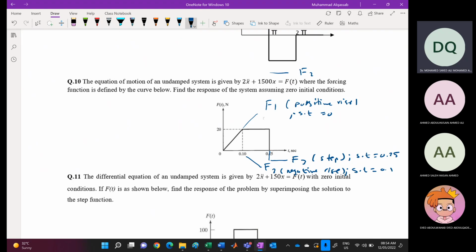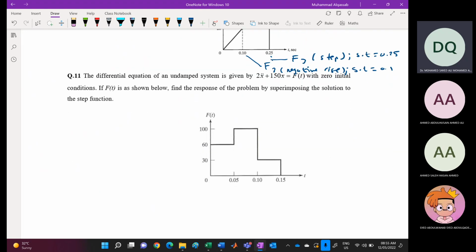You find the response due to F1, which is a rise, due to F2, which is a negative rise, and due to F3, which is a step. Then you will have X1, X2, X3. The actual response will be X1 for t less than 0.1, X1 plus X2 for t less than 0.25, and X1 plus X2 plus X3 for t greater than 0.25.